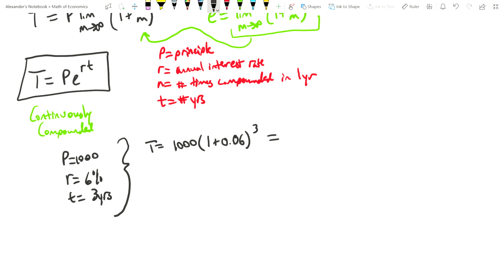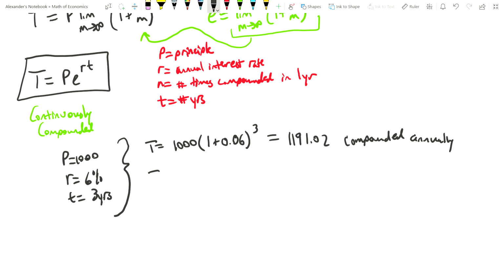And this is going to be 1191.02. So after 3 years, you basically get another $191.02 off of your original amount. And this is compounded annually.